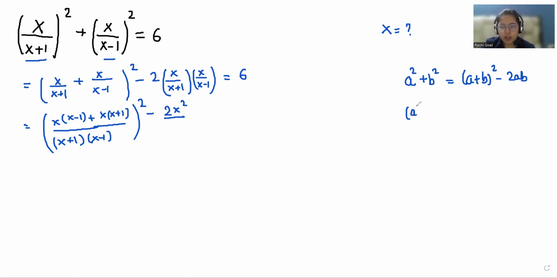We have the formula a² − b² = (a+b)(a−b). So we can write the denominator as x² − 1² = x² − 1, equals 6.